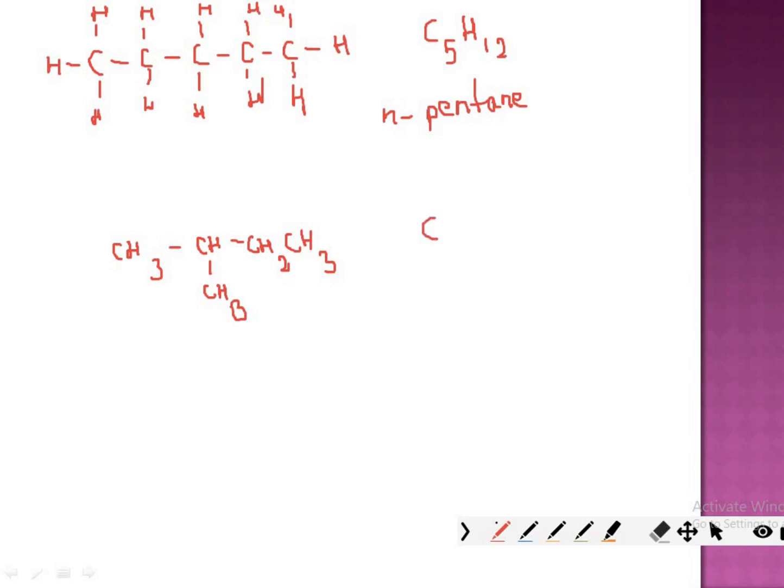It has 5 carbon, so C5. And how many hydrogen? 3 plus 2 is 5, plus 1 is 6, plus 3 is 9, plus 3 is 12. So H12. Now it also has C5H12, but the structure is different. So it is an isomer of pentane. We call it isopentane.